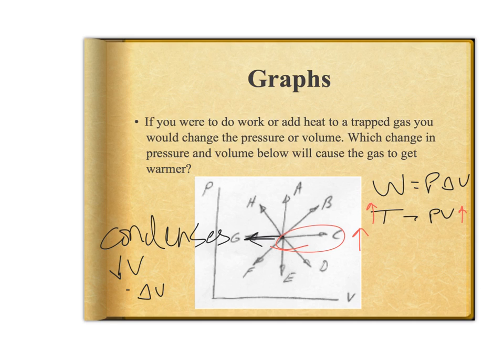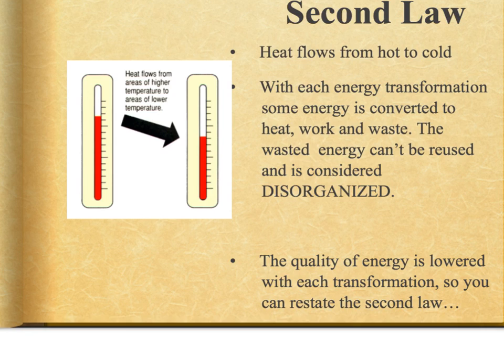So if I go and change the pressure, if I increase the pressure here, at A, if I increase the pressure, but I keep the volume the same, well, you can just imagine if you were inside like a room with kids and then I made the walls compress inward, right? If I made the walls kind of like squeeze together like that, everybody in the room would get pretty uncomfortable really quickly, right? It would feel like it gets a lot hotter, right? So that would be kind of an example of that, right? So just kind of look at these graphs and evaluate that.